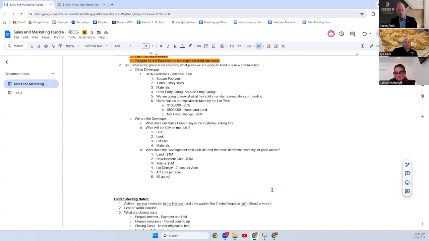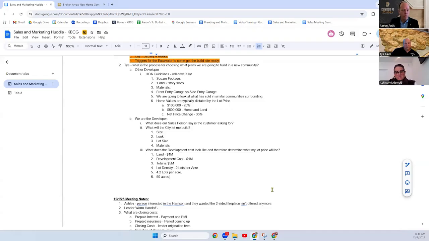If I have 5 million into it and I have 4.2 lots per acre, somebody do the math for me, get your calculator out. 50 acres times 4.2 lots per acre. How many lots do I have? 210.